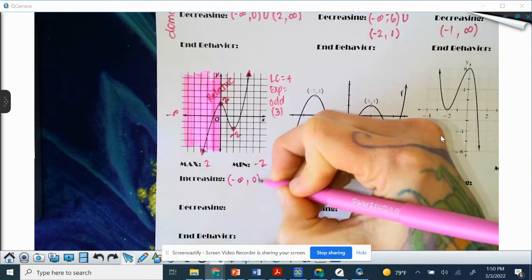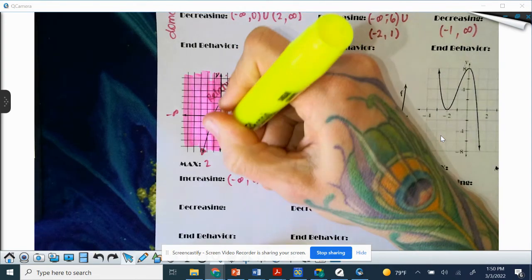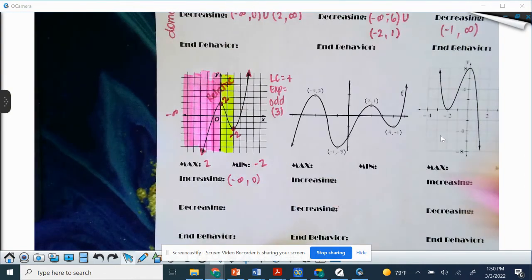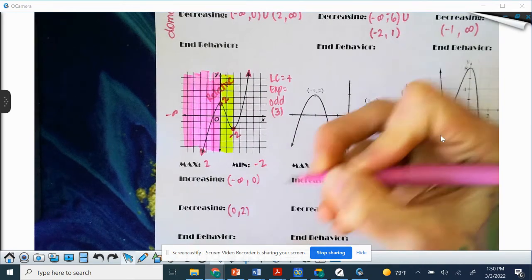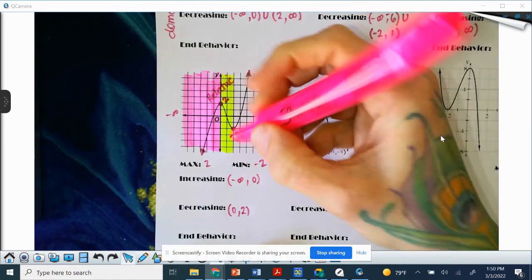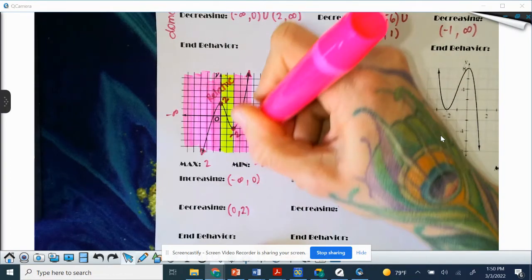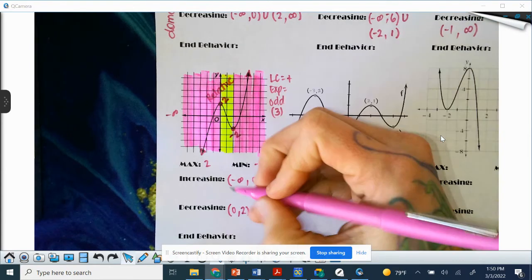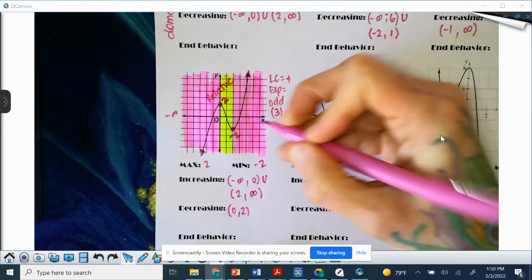Then it turns and starts to go down until you hit 2 on your x-axis, because that's where it turns. So it decreases from 0 to 2. Then it heads back up again, for 3 directions, and it turns at positive 2, and increases from positive 2 to positive infinity, because it goes on forever with that arrow.